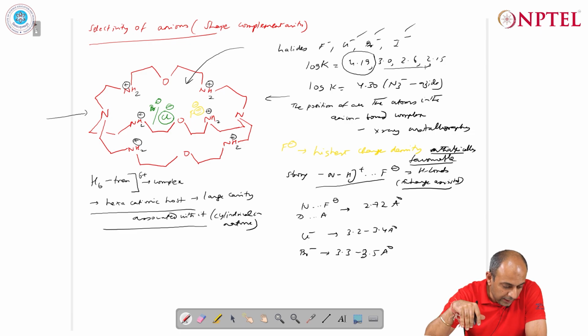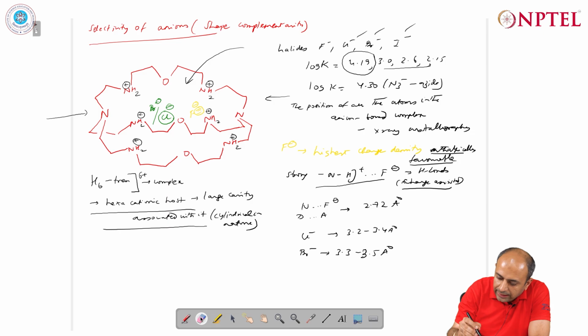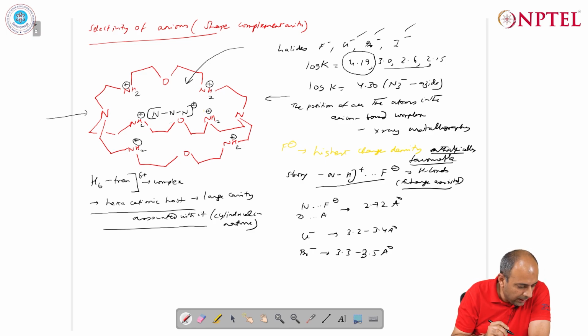What was more interesting is that in the case of the azide now, I will now remove these ions which are present here. If you now look at the azide, then the azide is positioned symmetrically, such that it interacts with these hydrogen bonds, it interacts with these hydrogen bonds, and it can interact with these hydrogen bonds.